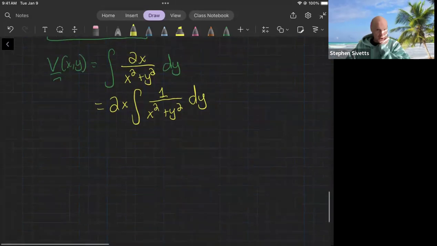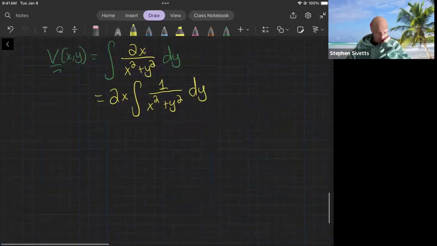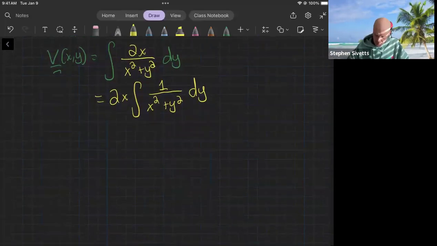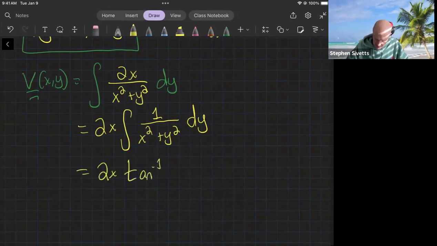So really we can do a trig sub here to solve this integral, but this integral should equal 2x times inverse tangent of y over x plus a constant.